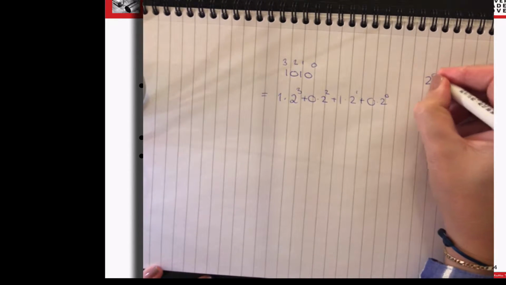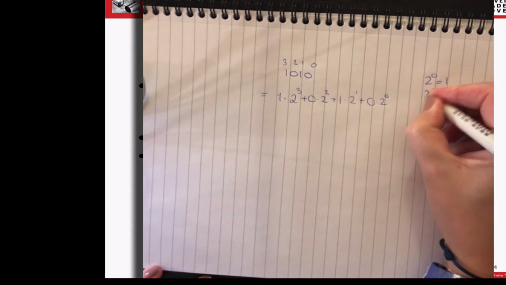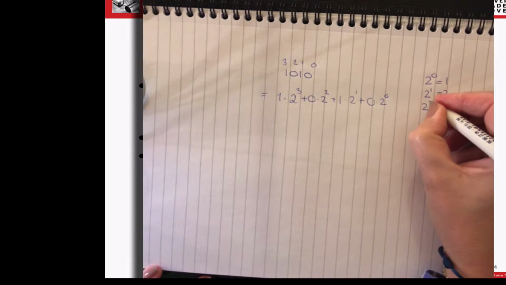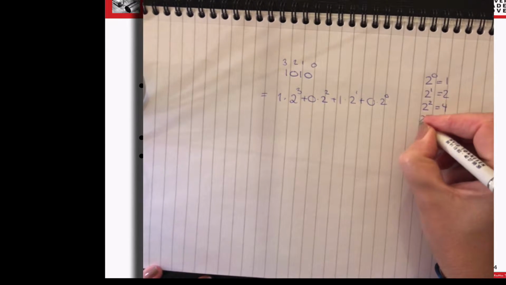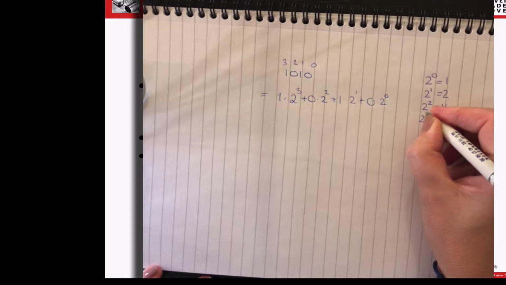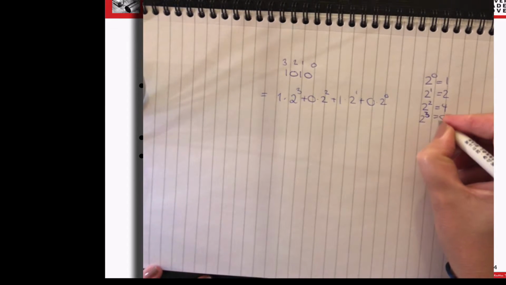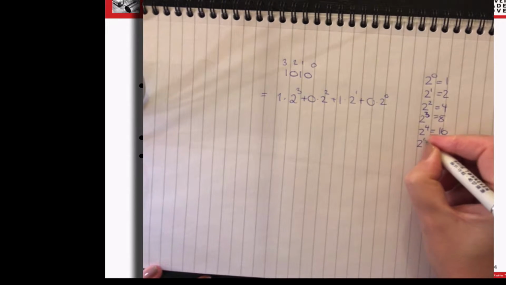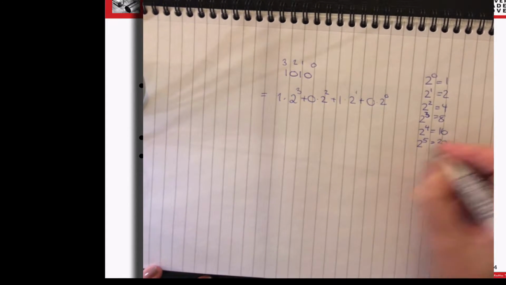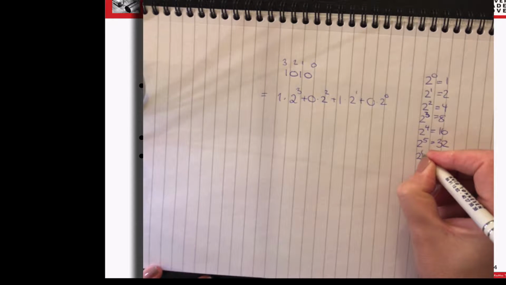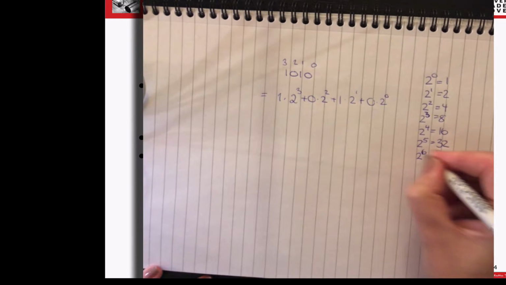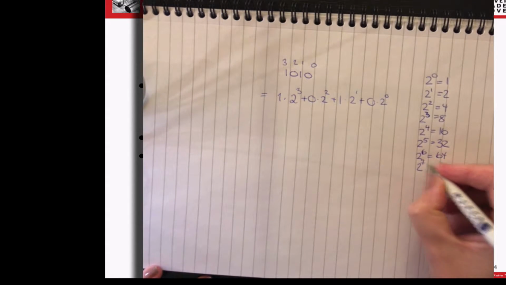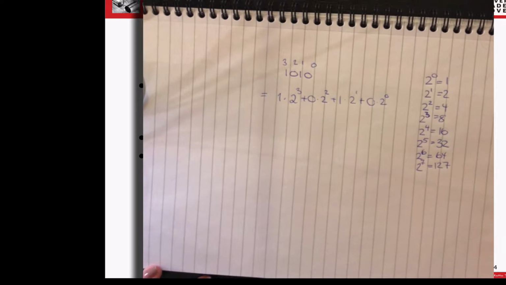We know that 2 in the power of 0 is 1, 2 in the power of 1 is 2, 2 in the power of 2 is 4, 2 in the power of 3 is 8, 2 in the power of 4 is 16, 2 in the power of 5 is 32, 2 in the power of 6 is 64, and 2 in the power of 7 is 128.